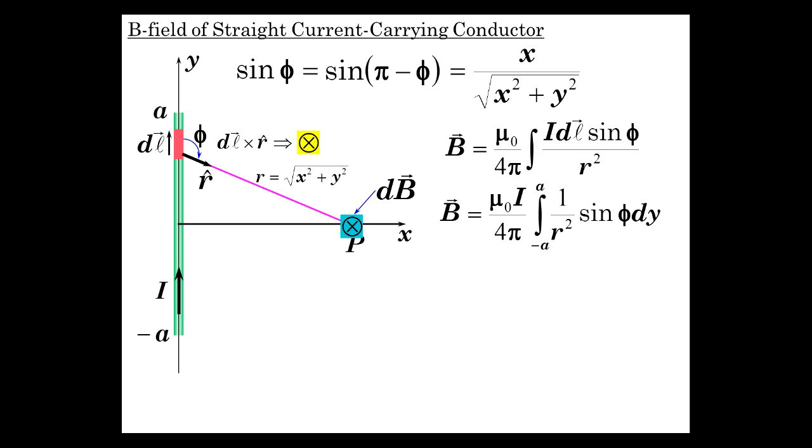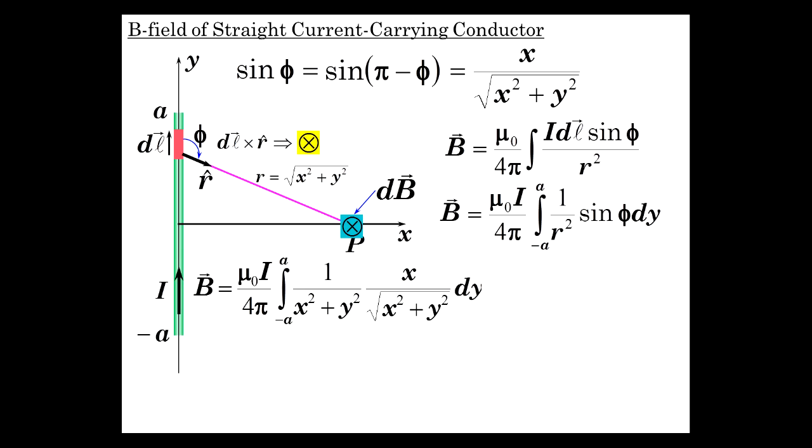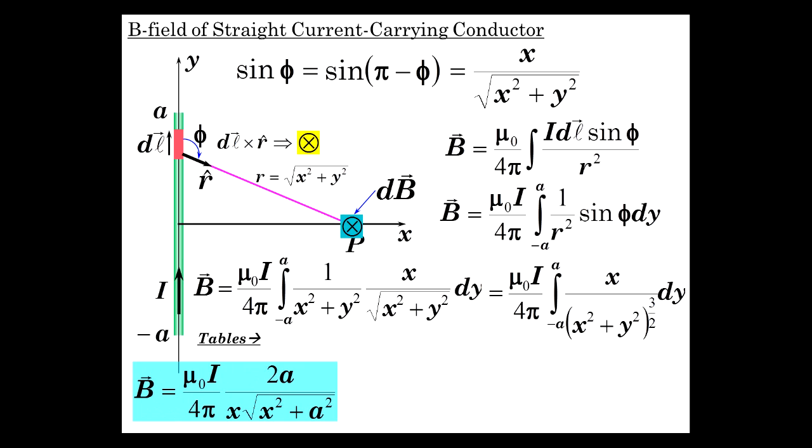All right, so here's the B, where r squared is x squared plus y squared, and there's the sine of the angle, so that's kind of messy. And that comes together with a 3/2 power in the denominator. We look up the tables to see how this works, and we get that the B field is mu 0 I over 4 pi times this expression here.